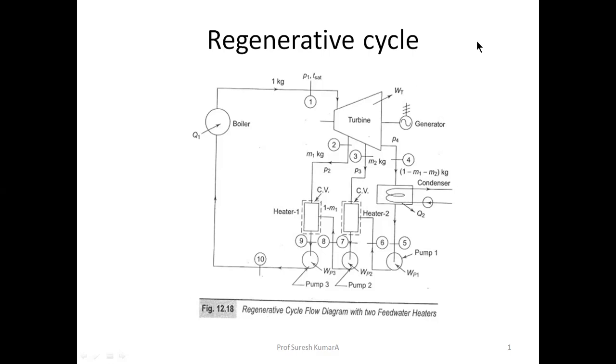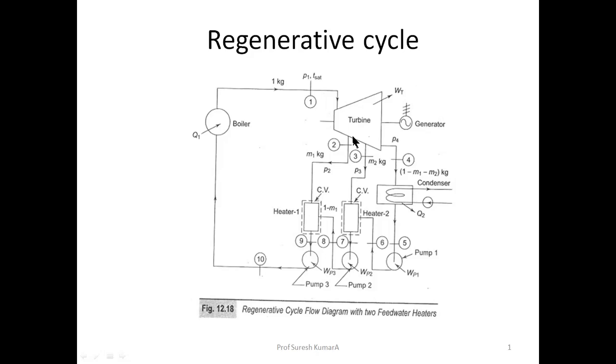See here what happens, 1 kg of the steam enters the turbine. In that 1 kg of the steam, a part of the steam, M1 kg, is bled out at the intermediate stages of the expansion. That M1 kg of the steam goes to the feed water heater. Then the remaining 1 minus M1 kg will expand from 2 to 3.